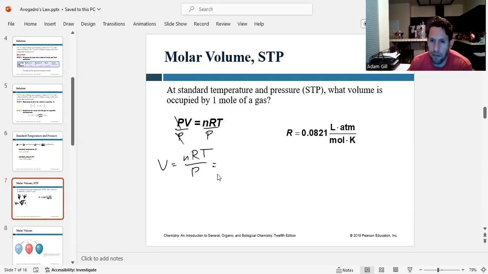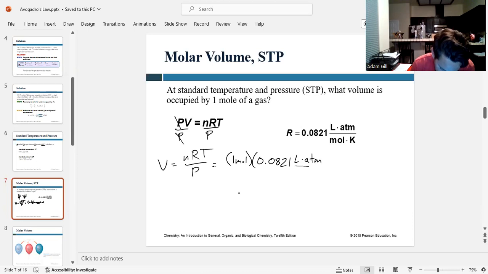And now we can plug in our values. We're talking about 1 mole of gas, so N is simply 1 mole. The ideal gas constant here is 0.0821 liters times atmospheres over moles times Kelvin.